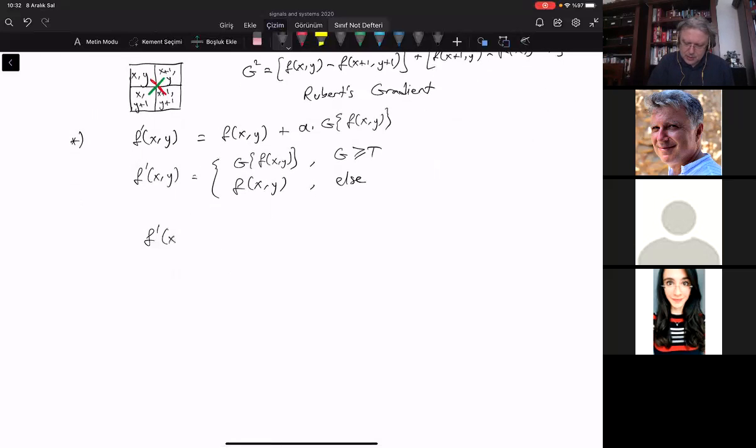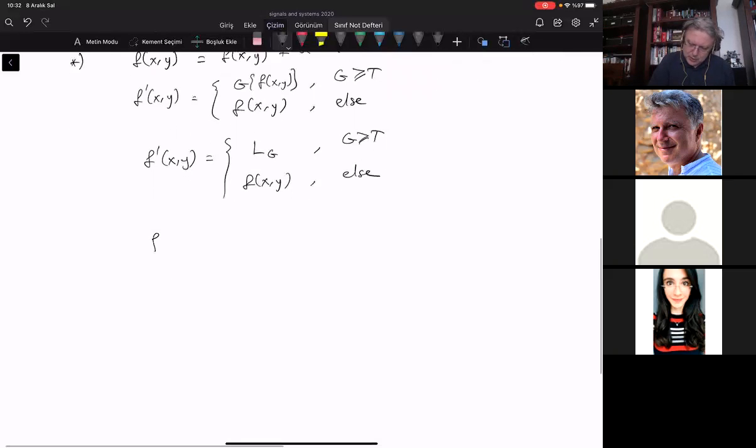Another one, these are alternatives, of course. You can use a constant level of gradient if the gradient is greater than a threshold and the pixel itself else. You can use the gradient itself, because we know what it means as of now, if the gradient is greater than a threshold.